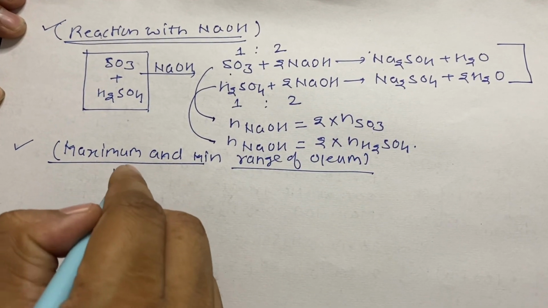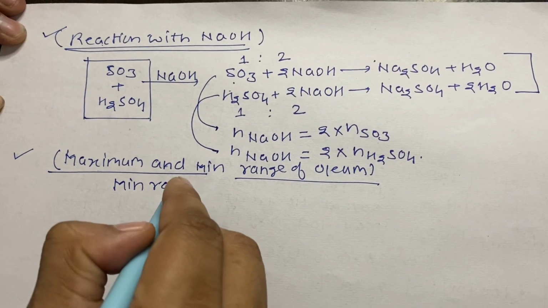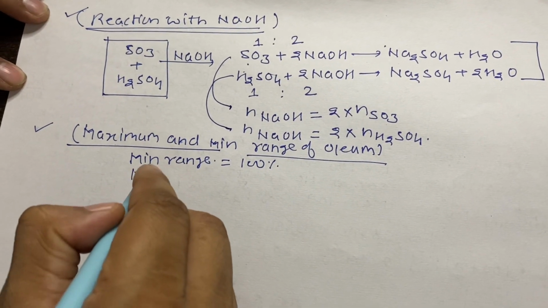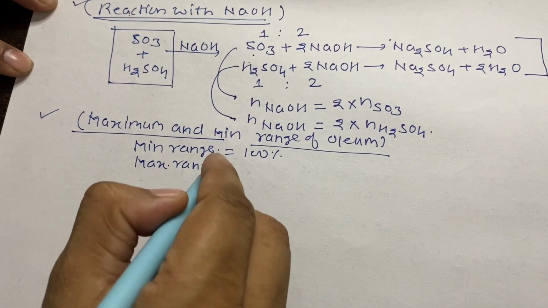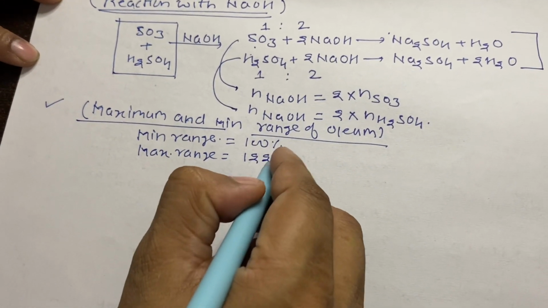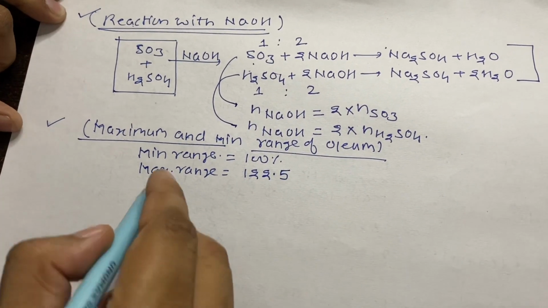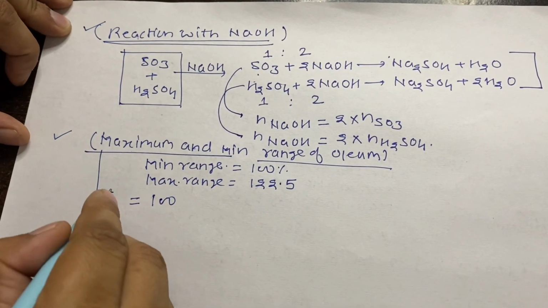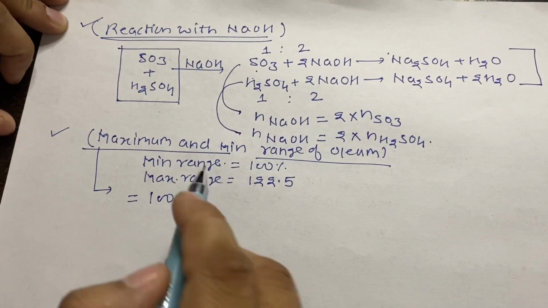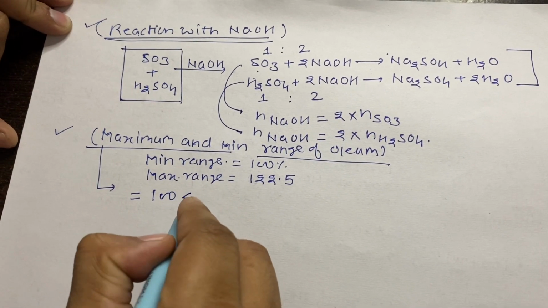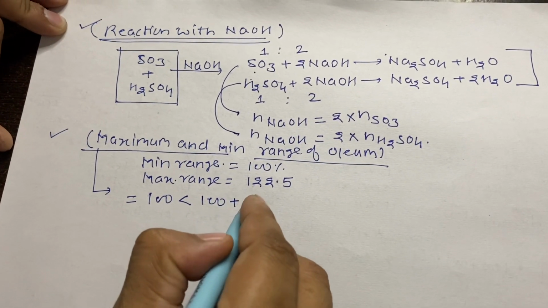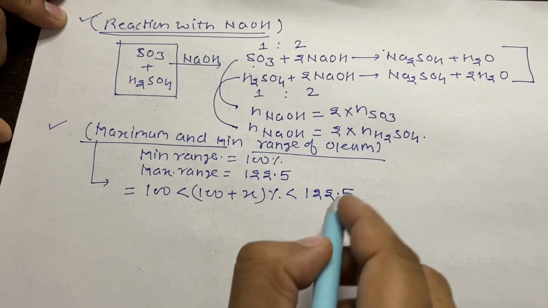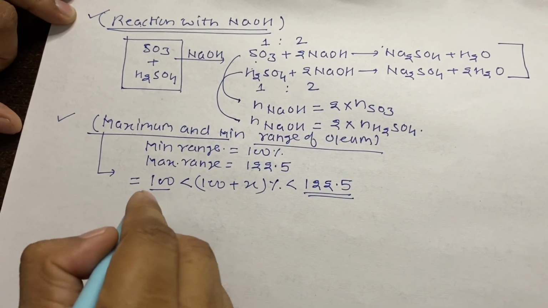So to be noted that the minimum range of oleum will be 100, and the maximum range will be 122.5. So the range of labeling of oleum will be as I told you, the maximum is 122.5 and the minimum is 100.